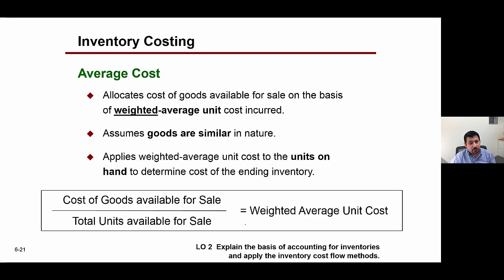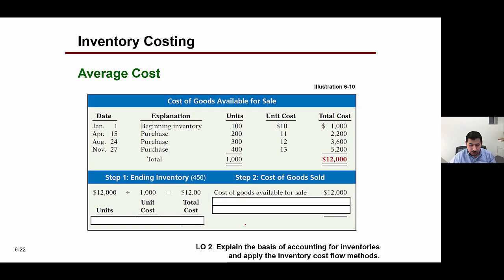In order to calculate the weighted average unit cost, we divide the cost of goods available for sale by the total number of units available for sale. So in this case, it is $12 per unit.